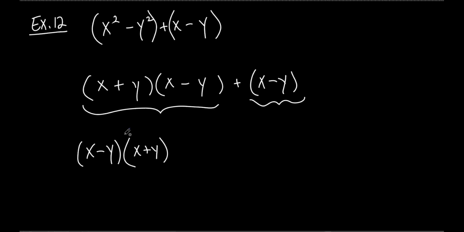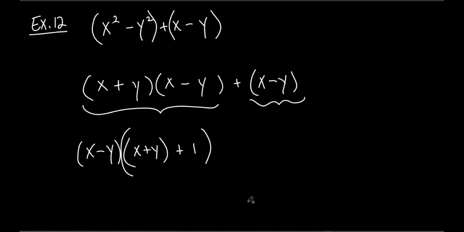Oh, I got it. Yeah, that's what I want, because I'm factoring out of this. So what am I left with? An x plus y, and then I put a plus here. If I factor out an x minus y from this, what am I left with? It's a 1, thank you. Take this divided by x minus y, and it's a 1.